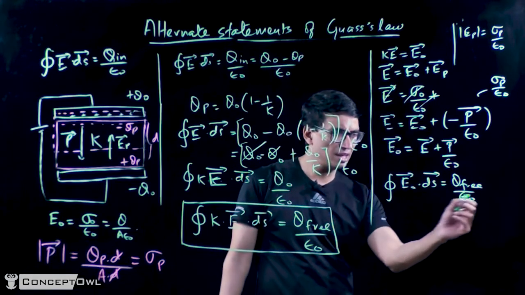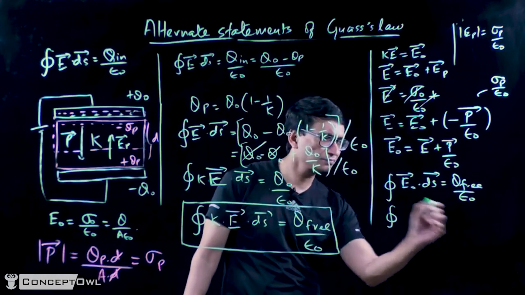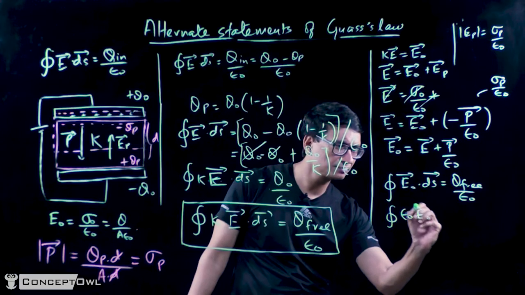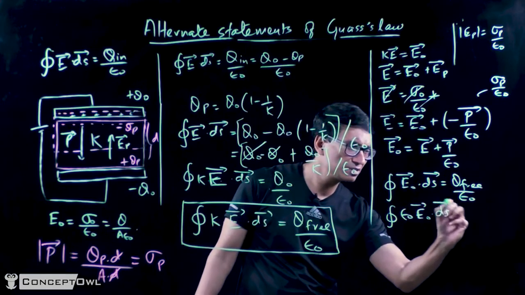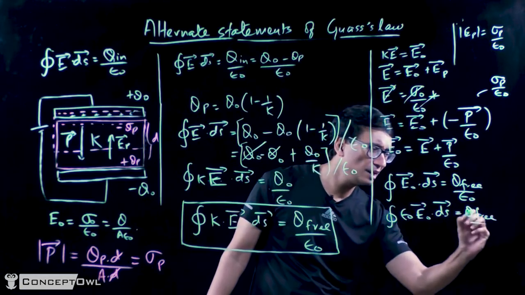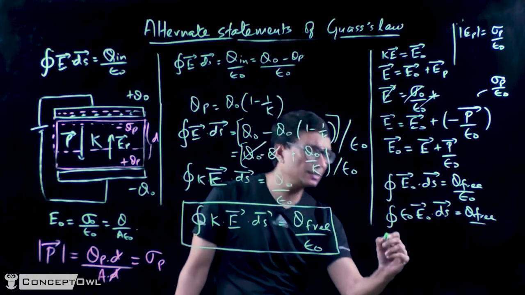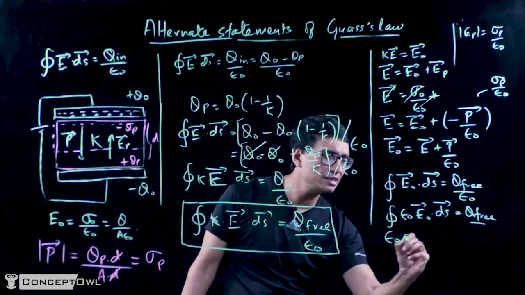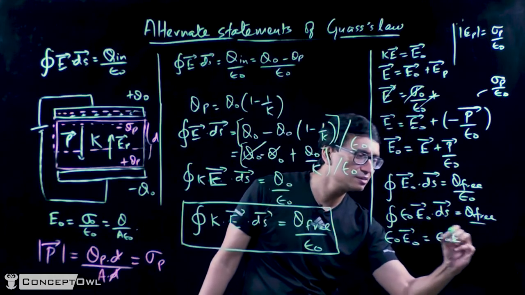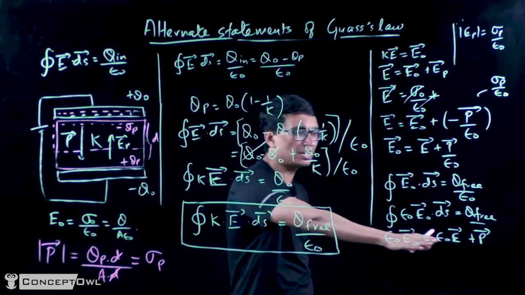So now I can write this as integral, and if I multiply both sides by epsilon naught, it will be epsilon naught E naught ds is equal to Q free. And epsilon naught E naught is equal to epsilon naught E plus P. Now I'm going to give it a convenient name.